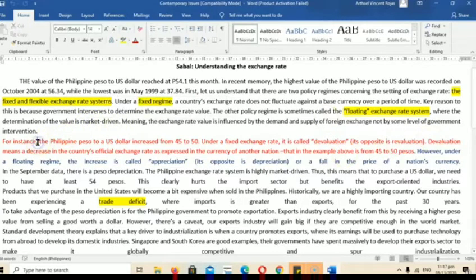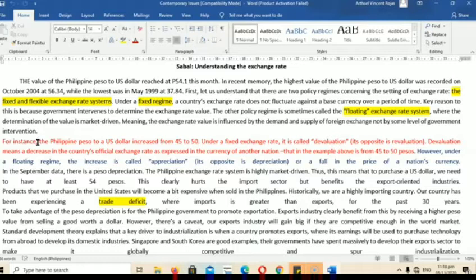For instance, we have here the topics under the fixed or peg rate system. When we say peg or fixed, it is government. For instance, the Philippine peso to US dollar increased from 45 to 50. Under a fixed exchange rate, it is called devaluation, where its opposite is revaluation.